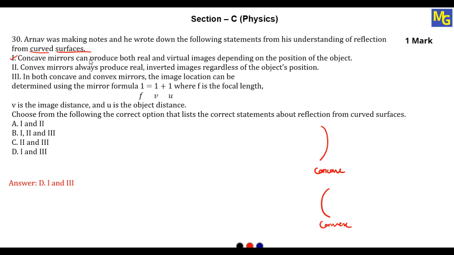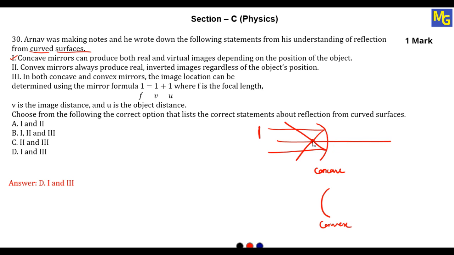First statement: a concave mirror can produce both real and virtual images depending on the position. If this is the concave mirror, then this will be the principal axis. We have seen in the light reflection and refraction chapter that if we keep our object here at infinity, then the light rays coming parallel to the principal axis will all hit the concave mirror and reflect back, and all these rays will meet at a point which is called the principal focus.